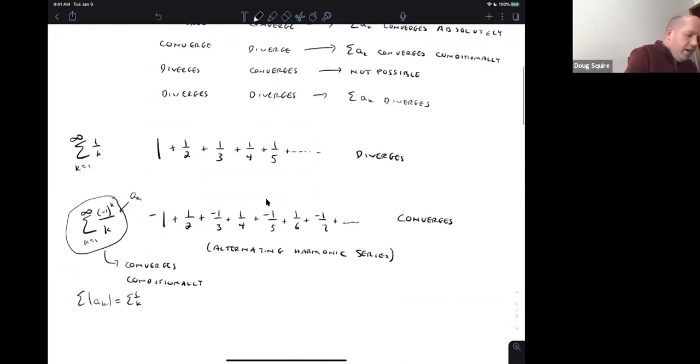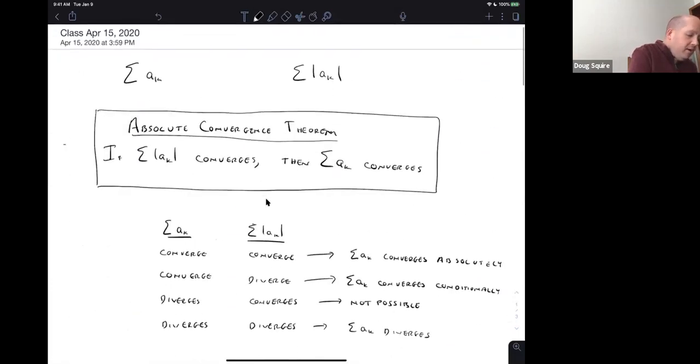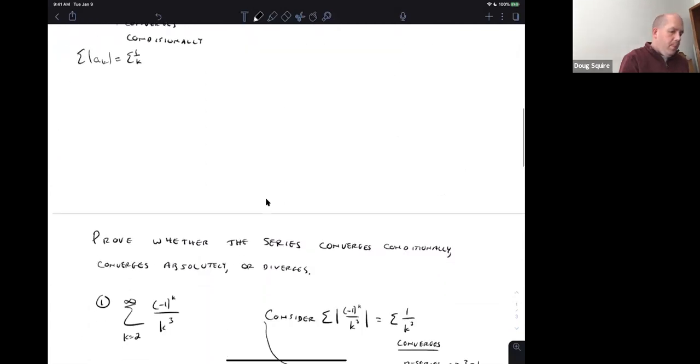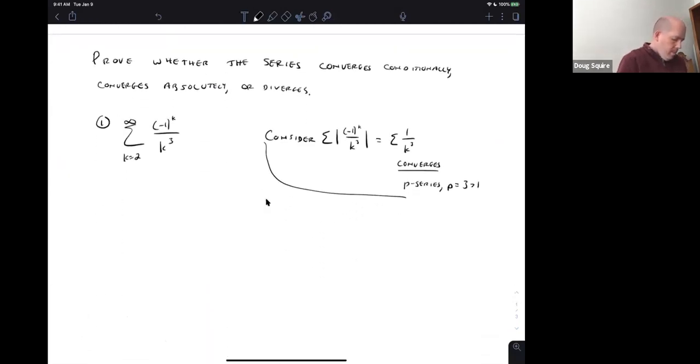And so then, does the absolute convergence theorem tell us anything about this problem? They both converge.